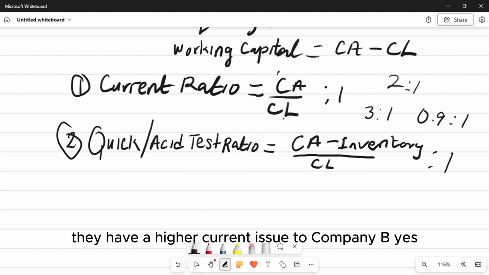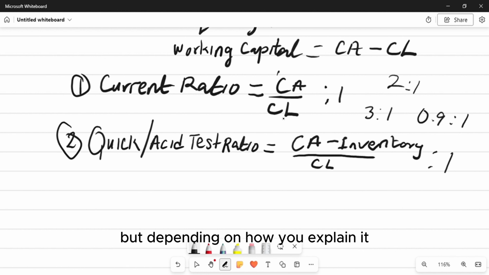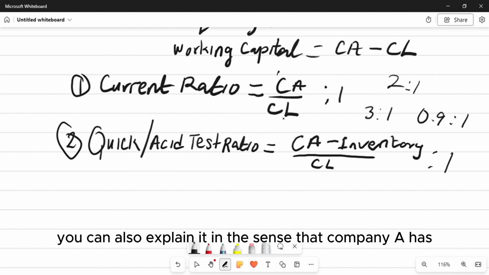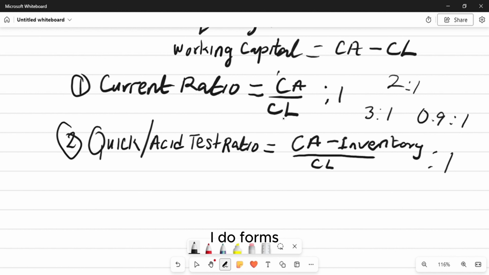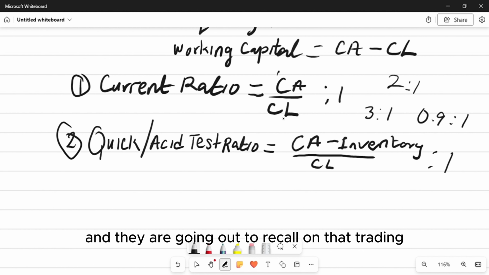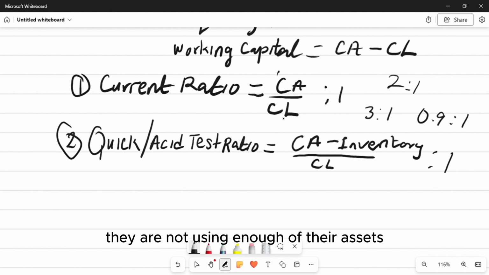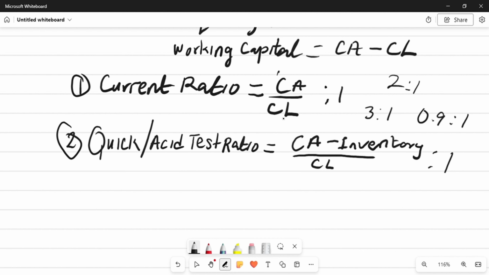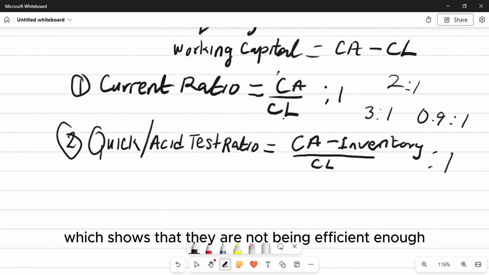Yes, but depending on how you explain it, you can also say that company A has idle funds and they are carrying out what we call under trading. They are not using enough of their assets in making business, which shows that they are not being efficient enough.